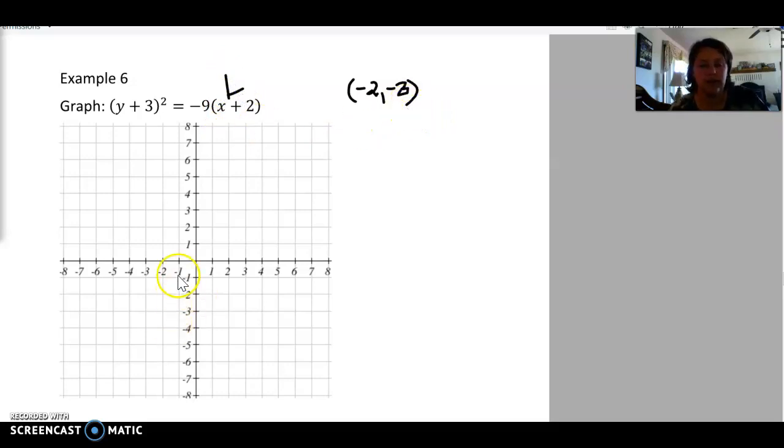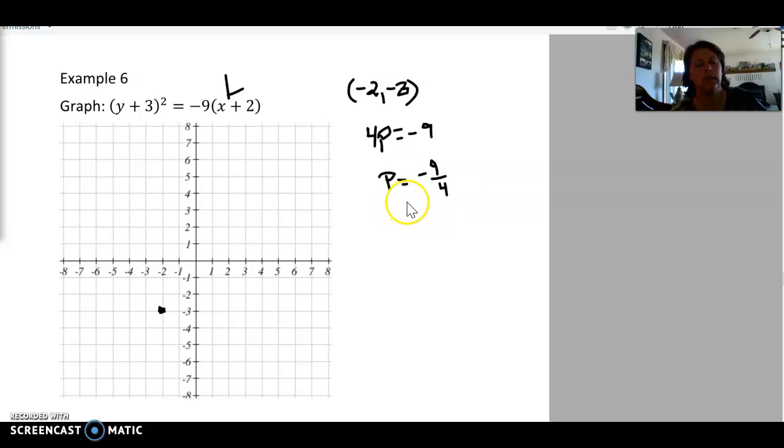Okay, so (-2, -3) is our vertex. Now we need to know what our p value is. We know that 4p equals -9. So therefore p is going to equal -9/4.